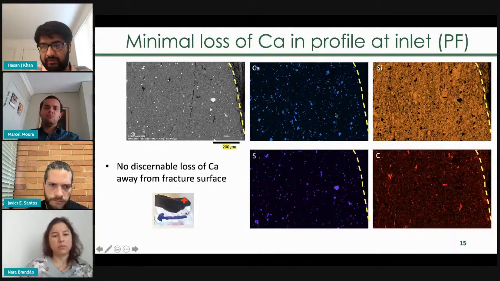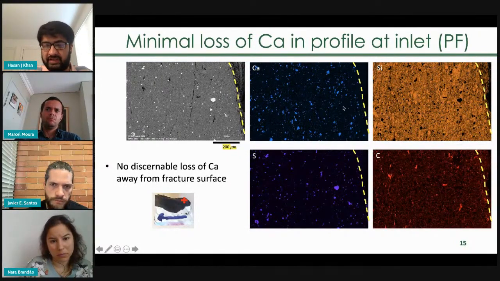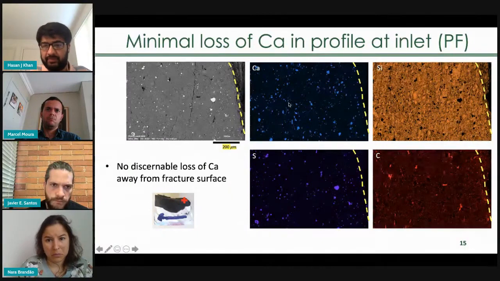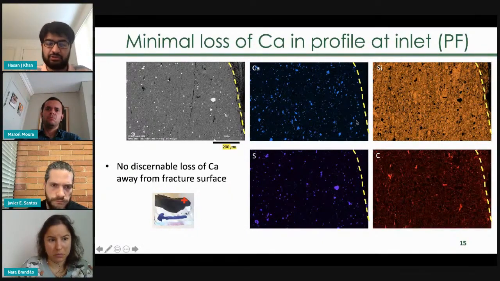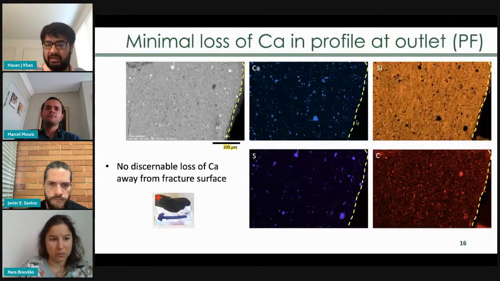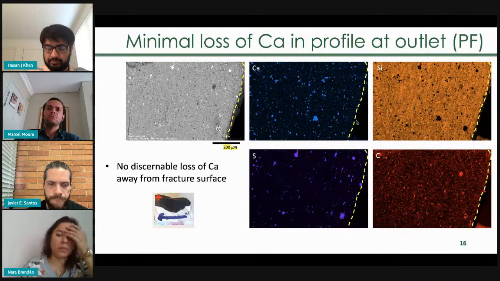And moving to the left-hand side, this is the depth inside the rock, that is, away from the fluid that was flowing on the rock surface. So we see, based on these, that there was no discernible loss of calcium away from the fracture surface at the inlet. Similarly, we measured the characteristics at the outlet, with similar results. We don't see a discernible loss of calcium away from the fracture surface in this instance as well.